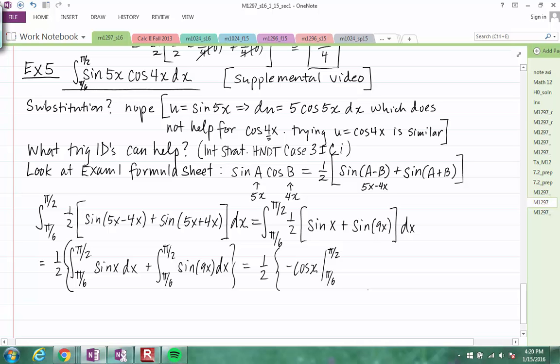From here, I'm going to do my second integral. Not so bad, sine of 9x. And so this one is going to be kind of like negative cosine of 9x, but it's like we have to undo the chain rule, where we get that little byproduct of 1/9 for the antiderivative or the integral. If you prefer, you can do this part by substitution.